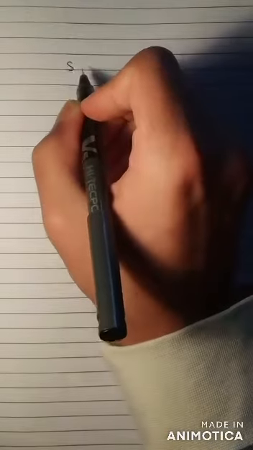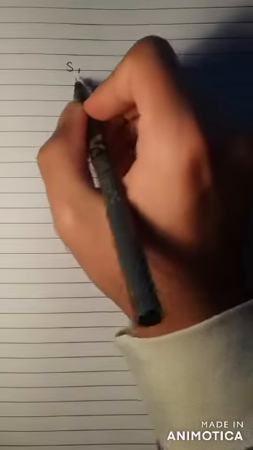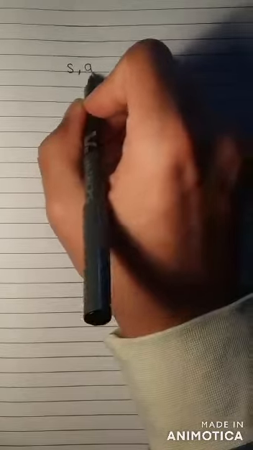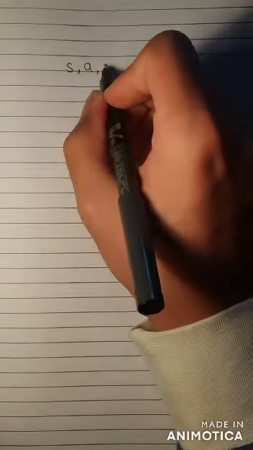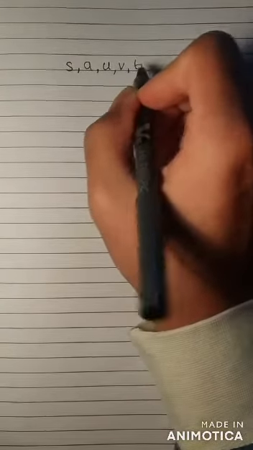Take the same example. I covered a displacement of s, sorry, it's not distance. I was accelerating with a, my initial velocity is u, my final velocity was v, time taken was t.